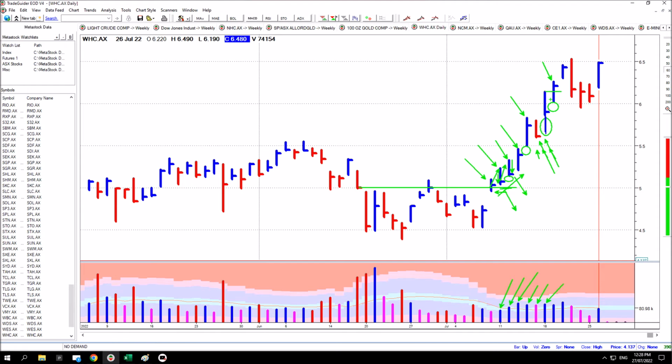Now, you should always remember that when you look at a bar itself, let's look at this bar. Effectively, the high of the bar is where resistance has come in, and the low of the bar is where support has come in.